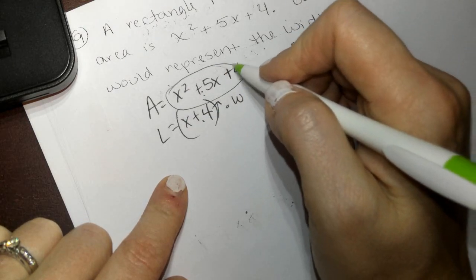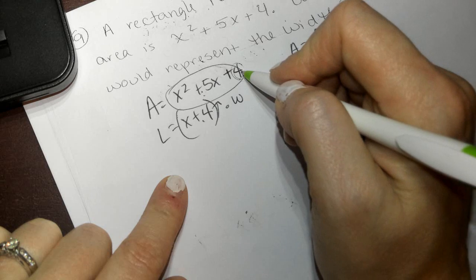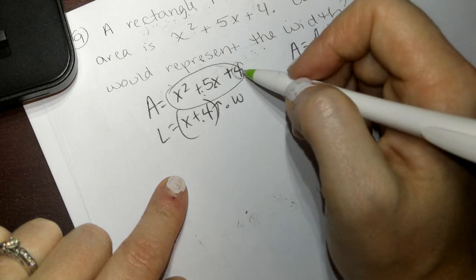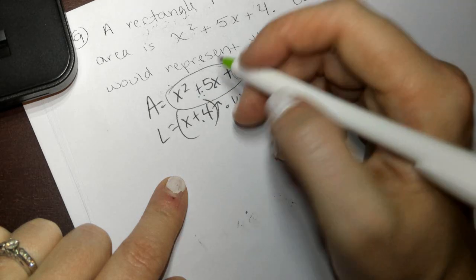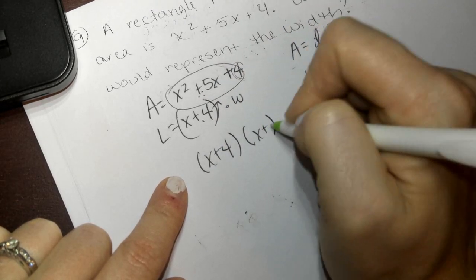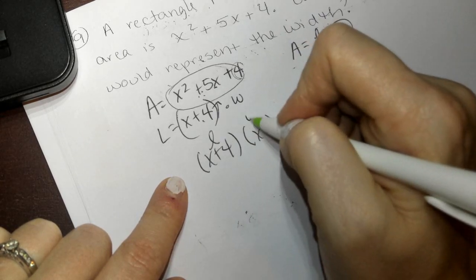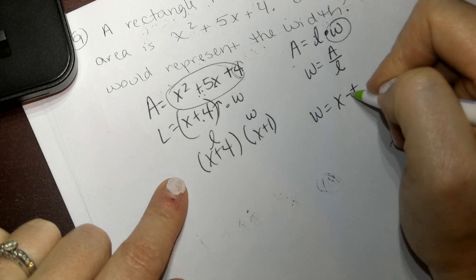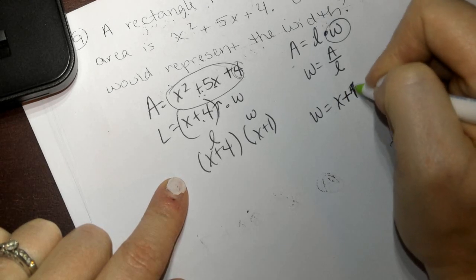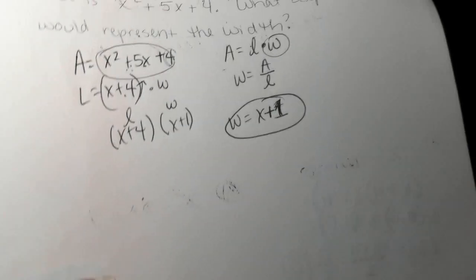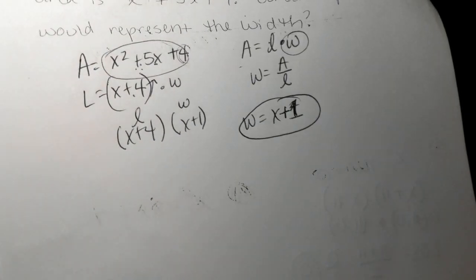What factors of 4 would equal 5x? It will be x plus 4 and x plus 1. So if this is your length, then this has to be your width, right? So your width is x plus 1. I didn't want you guys to try to do the whole long division thing. You just think about it conceptually. Okay.